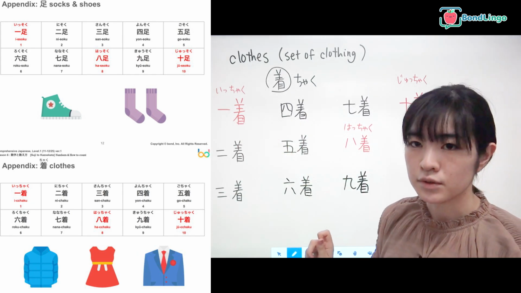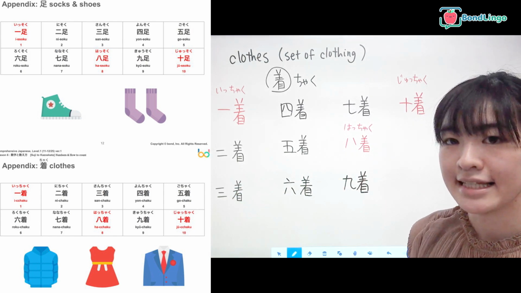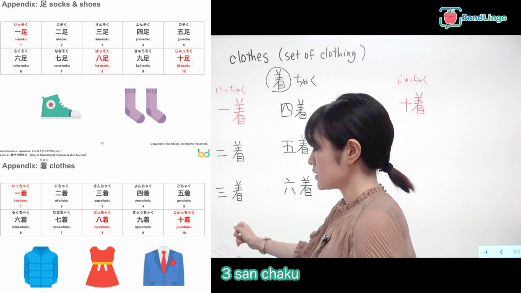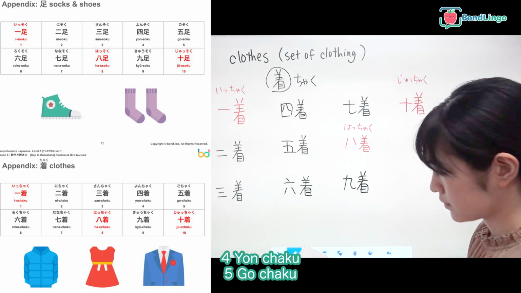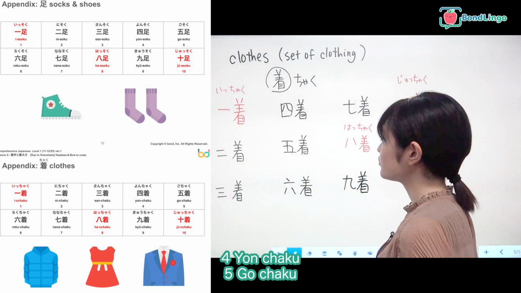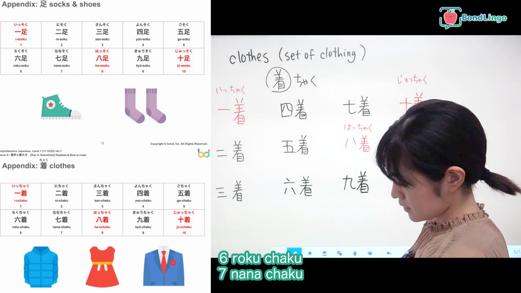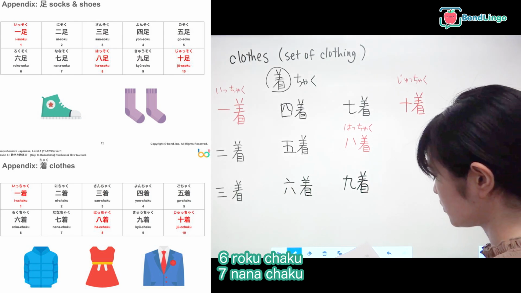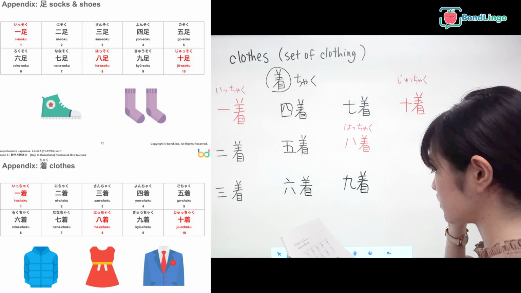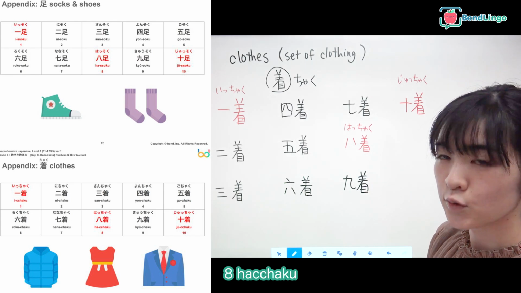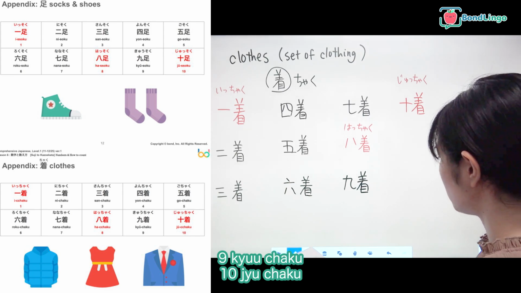1, ichaku. 2, nichaku. 3, sanchaku. 4, yonchaku. 5, gochaku. 6, rokuchaku. 7, nanachaku. 8, hachaku. 9, kyuchaku.